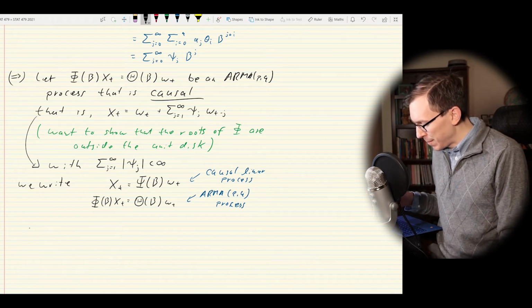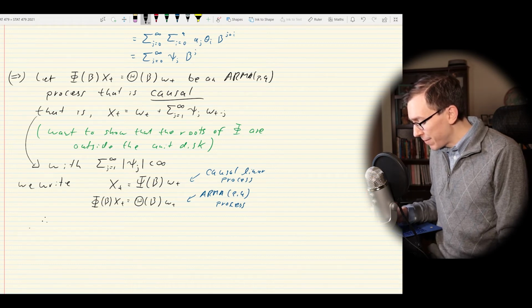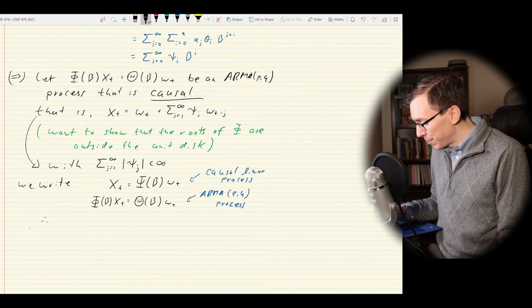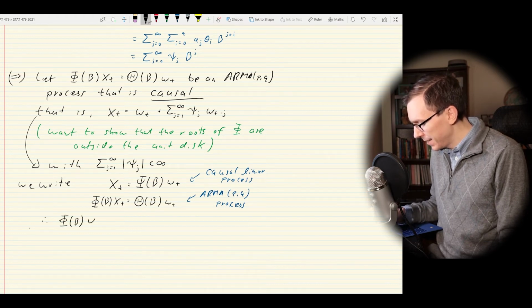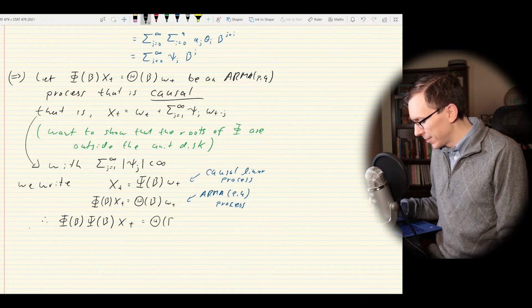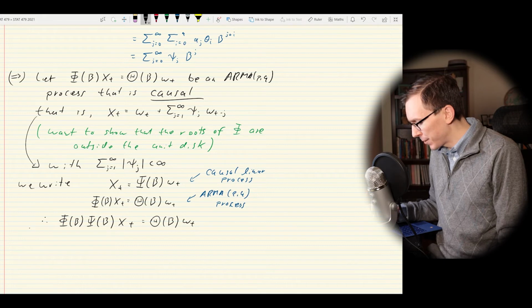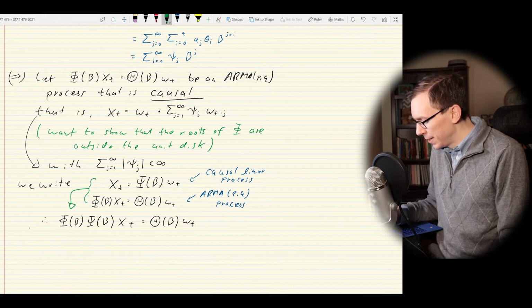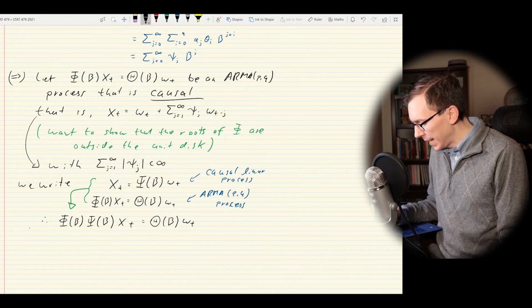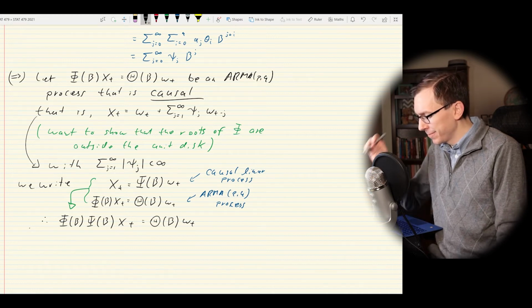Therefore, if I combine the two of these, what I end up with on the left is phi b applied to psi b applied to xt. And on the right-hand side, I just have my capital theta b applied to wt.